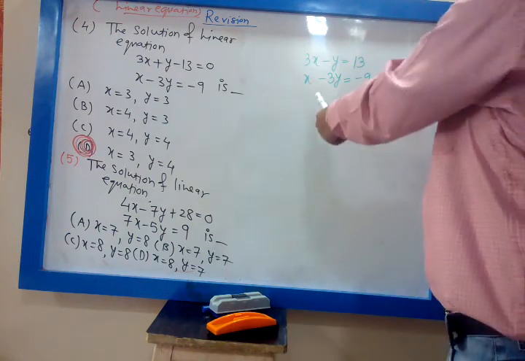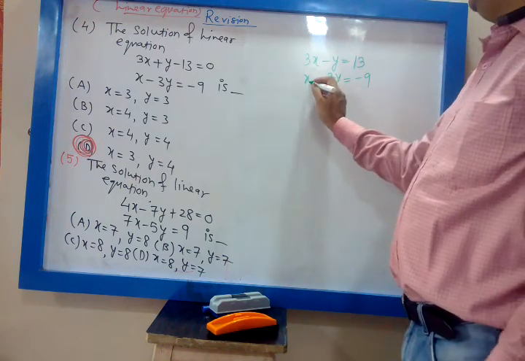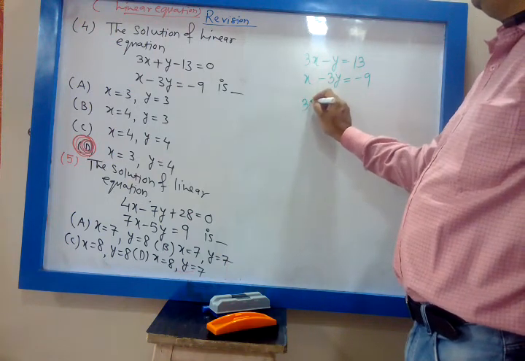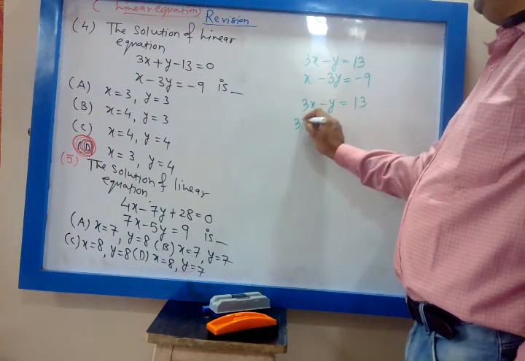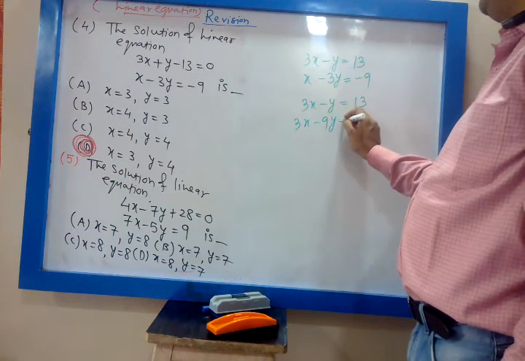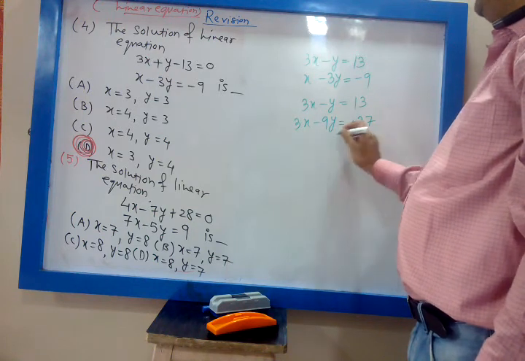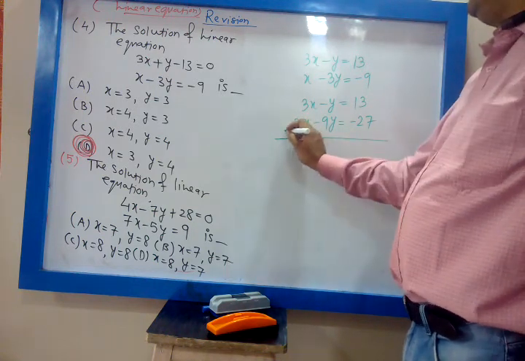You can make the x coefficient equal. Multiply equation 2 by 3. So 3x plus y is equal to 13, we write as it is, and 3x minus 9y is equal to minus 27. Now we subtract.